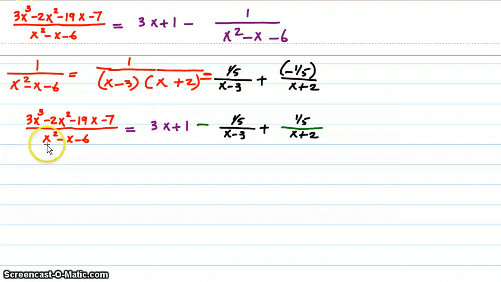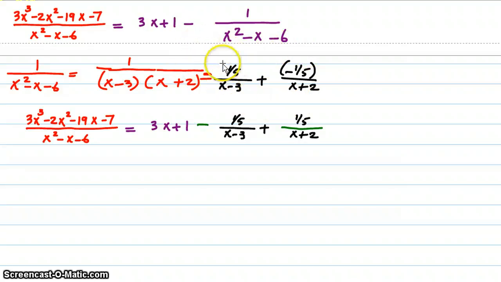Okay, so putting it all together, we would see that this rational function is equal to 3x plus 1. That's the first two terms here, minus this, but we found out this was this thing here, so be careful to multiply these terms here with minus.